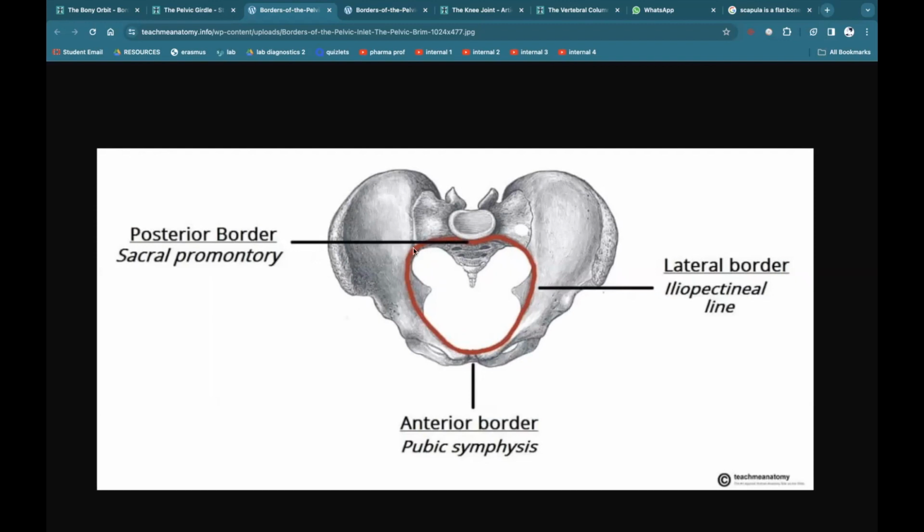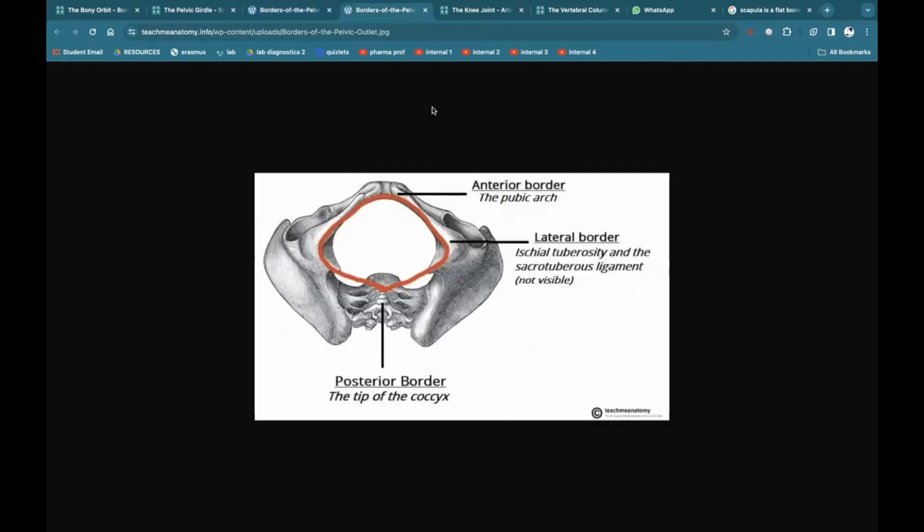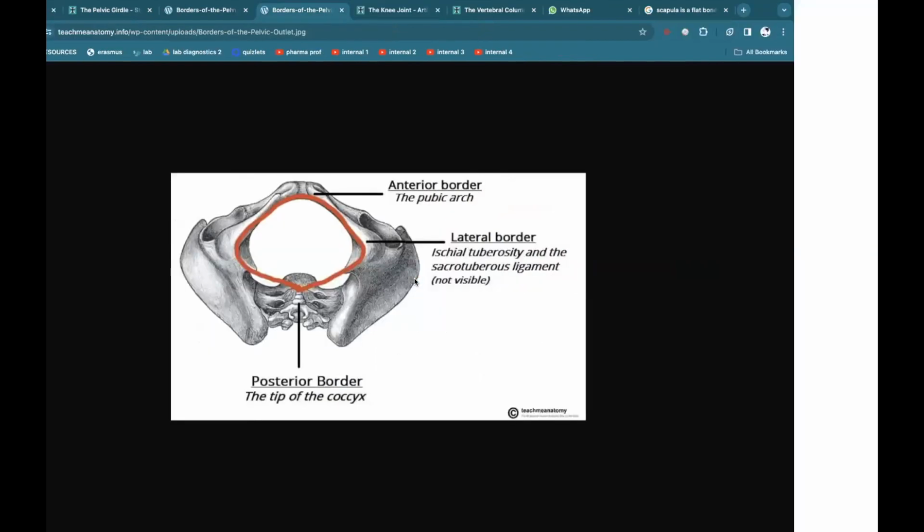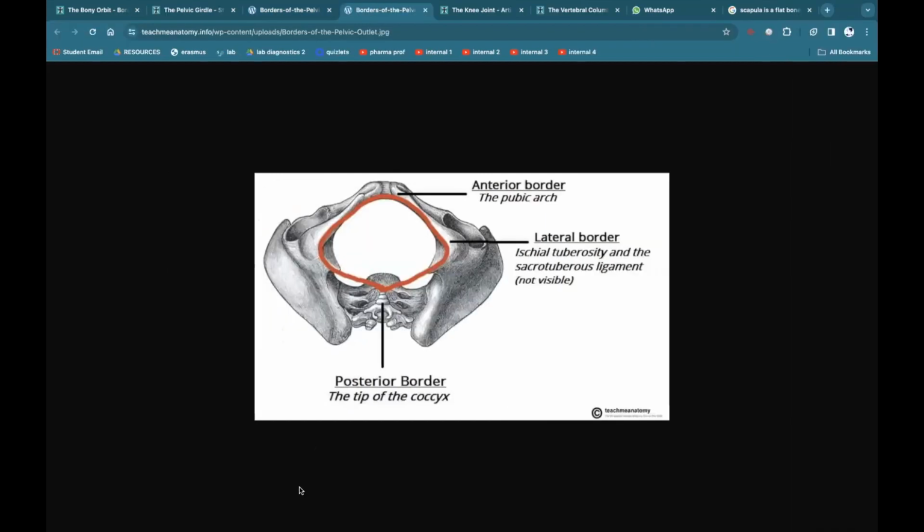Now we need to know the pelvic inlet, which is this border, and the pelvic outlet, the border on the bottom. This region is the pelvic outlet, this region is the pelvic inlet, and I need you to focus because you need to know the borders.